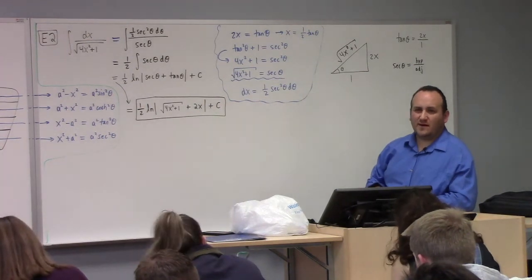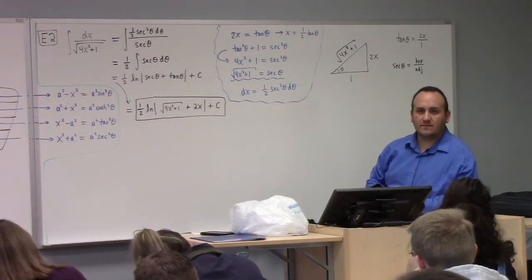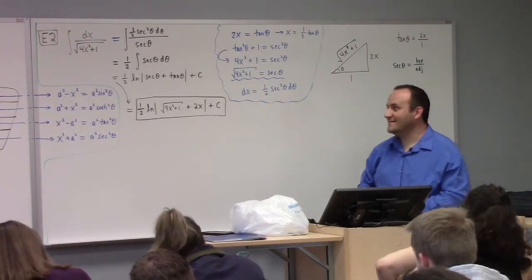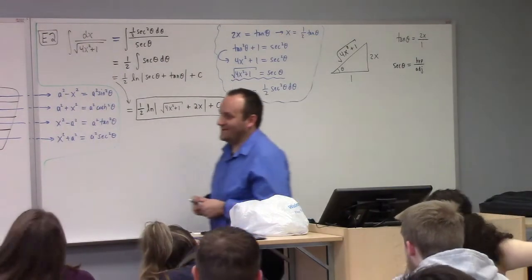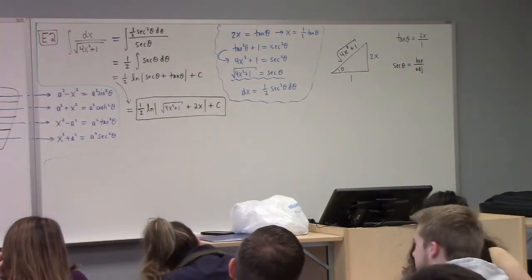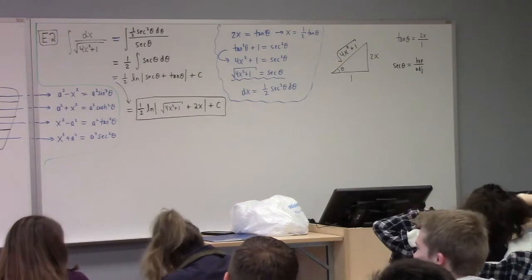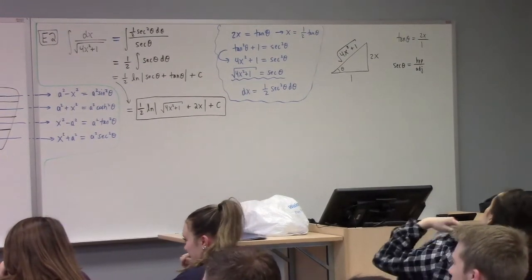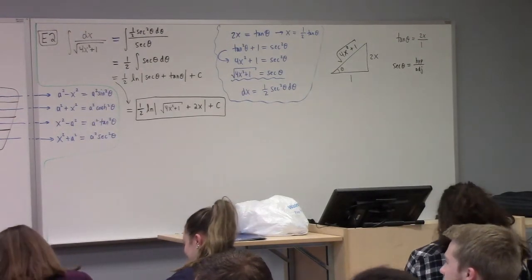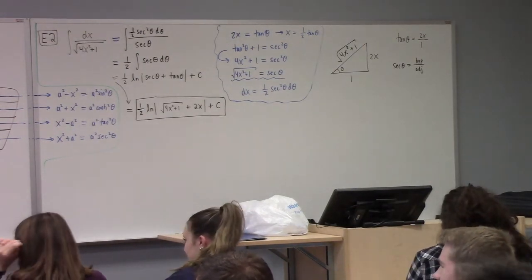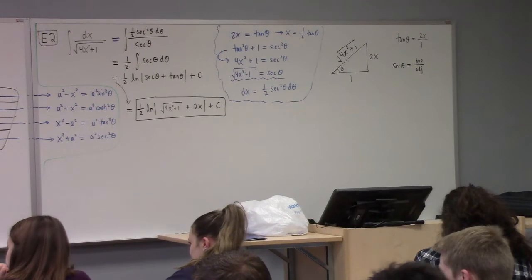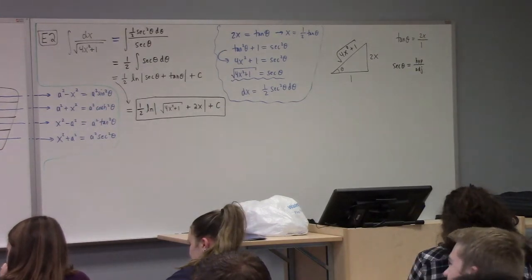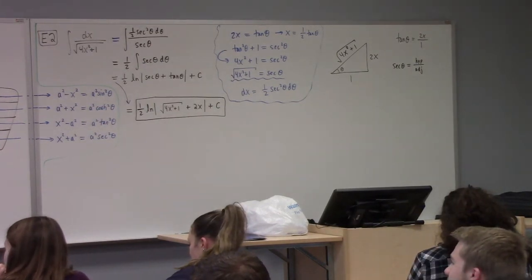How can we make these problems more complicated? You don't think I can? Well, that sounds like a challenge. This problem could come to you looking like e to the x dx over, I don't know, e to the 2x square root of 9 minus e to the 2x.